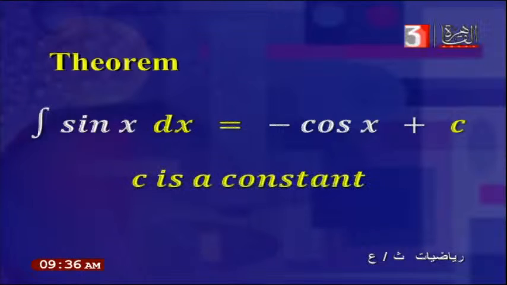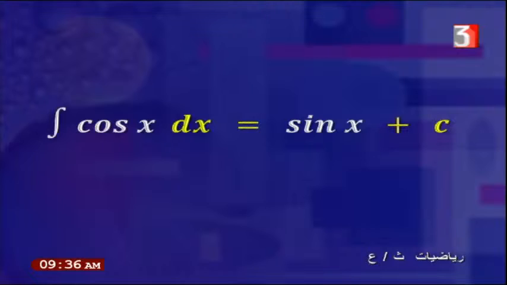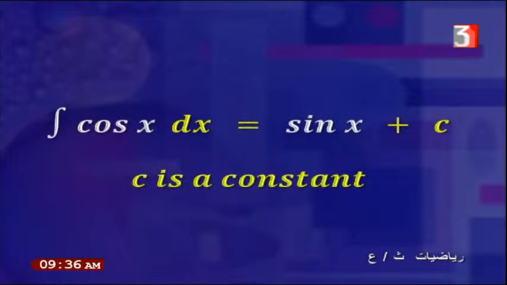Integration of sine x with respect to the variable x equals negative cosine x, and integration of cosine x dx equals positive sine x plus c, where c is a constant. Then the integration of sine x equals negative cosine x, but integration of cosine x equals sine x.